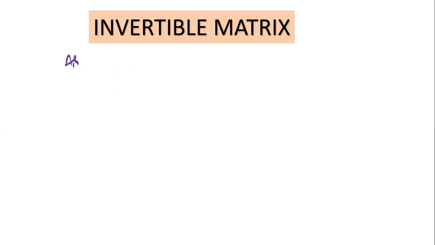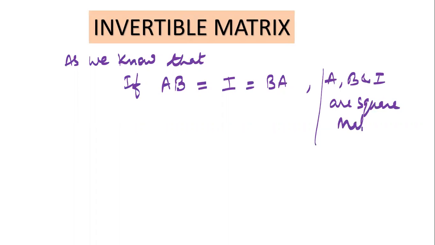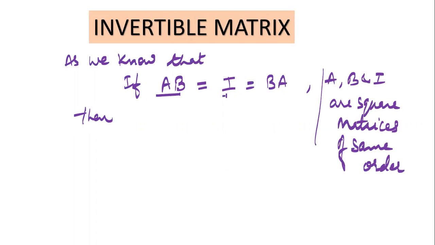As we know that, if AB equals I equals BA, where A, B and I are square matrices of the same order, then, if this condition is satisfied, A and B are inverses of each other.